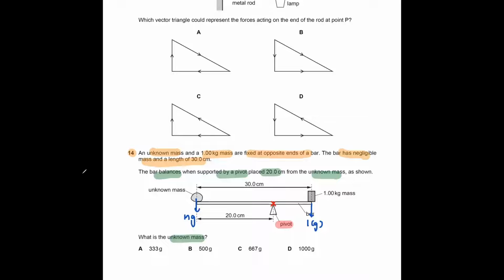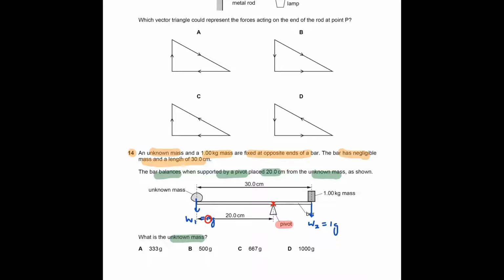Maybe I just rewrite it properly for you. This one is weight 1 equals to mg. This one is weight 2 equals to 1 times g. So what is the unknown mass? They want this particular mass here.